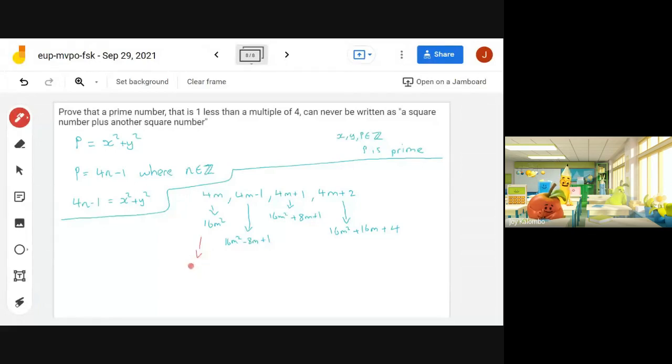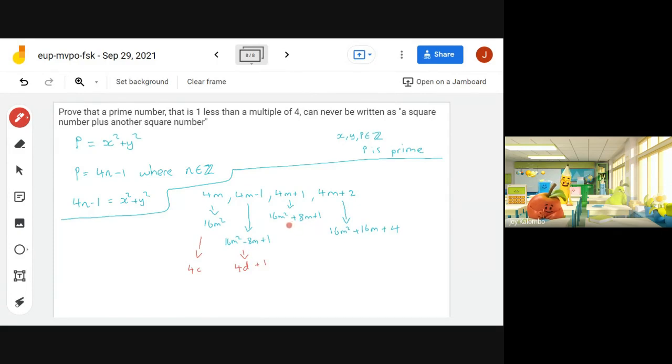So let's just say a different letter, 4c. This one, the 16m squared minus 8m, that's a multiple of 4 because the 16 and 8 are both multiples of 4. And then it's plus 1. So it's like some multiple of 4 plus 1, say 4d plus 1.